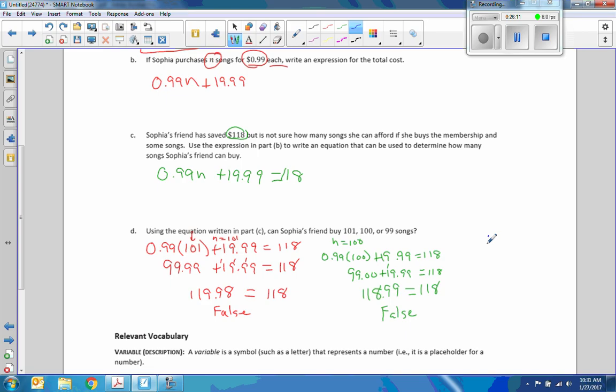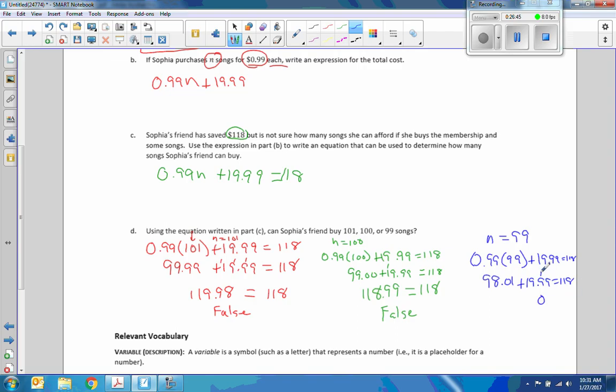So we're going to check that. N equals 99. 0.99n, plus the membership, should equal 118. 99 times 99 is 98.01 plus 19.99 should equal 118. 9 plus 1 is 0.